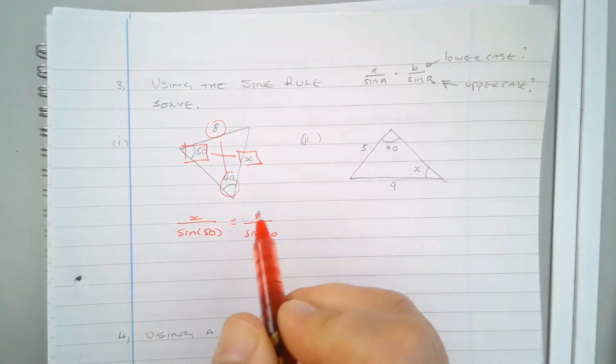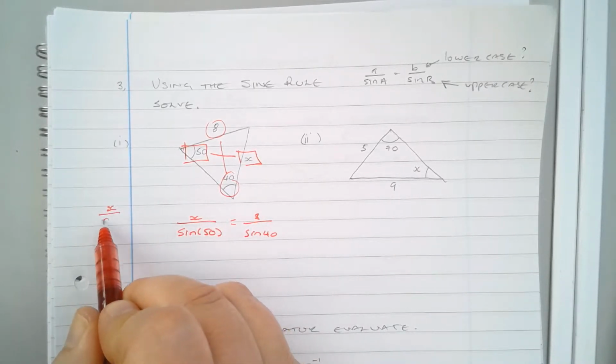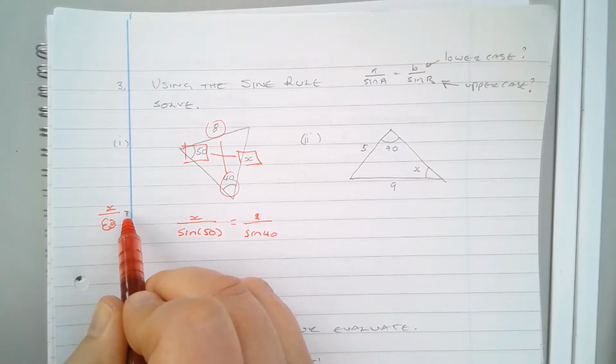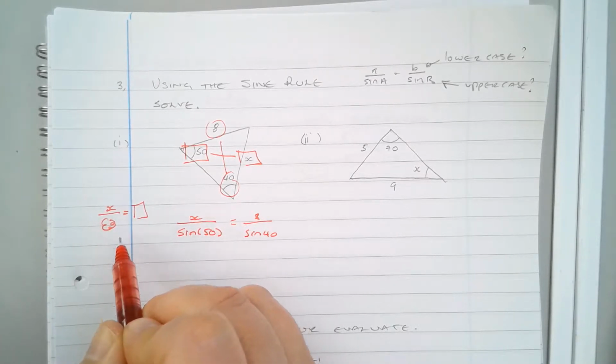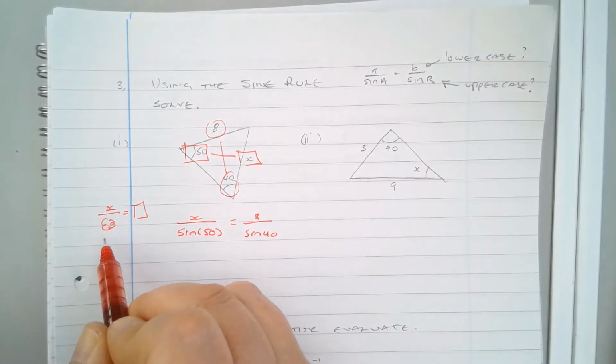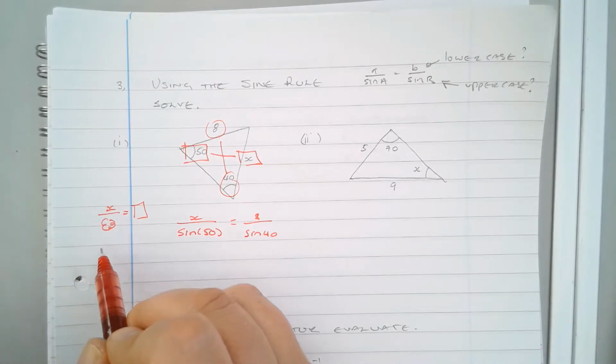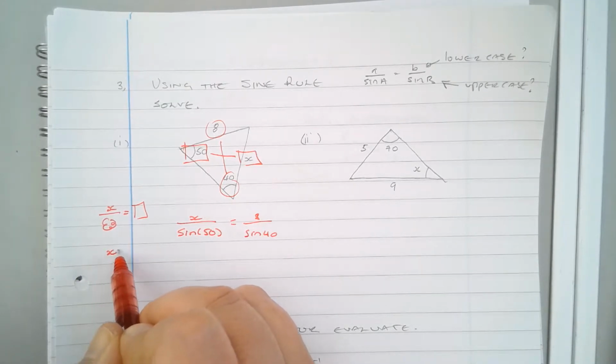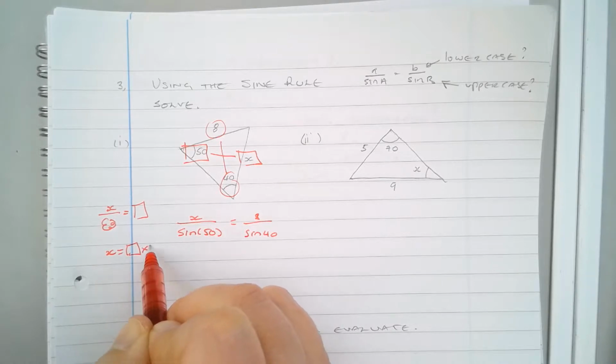Okay, so I've got x being multiplied by something, being divided by something, equaling something else, and you can see that to get rid of that, I need to multiply the thing away. So x is equal to this times this.